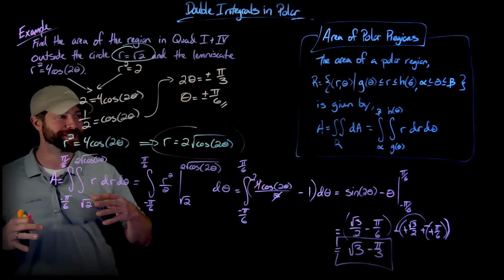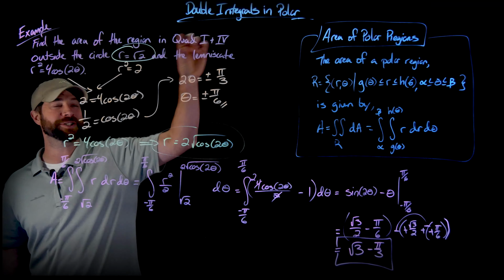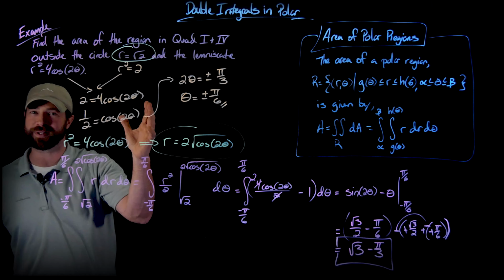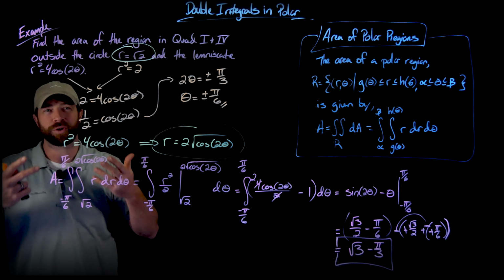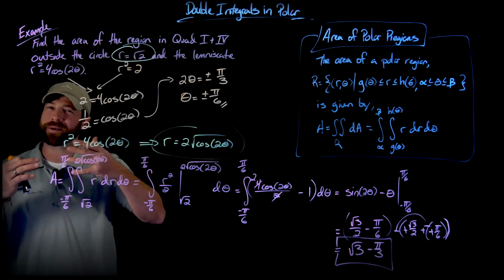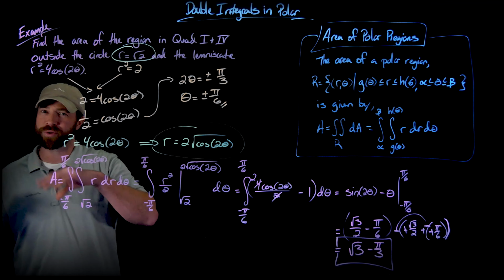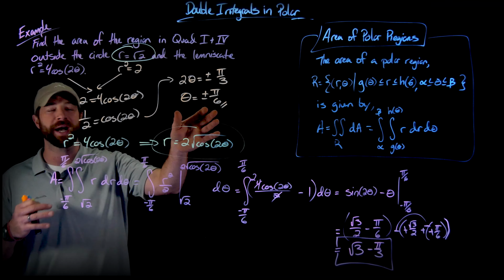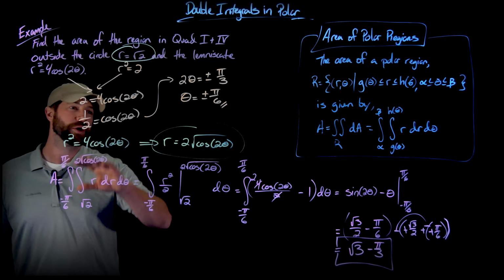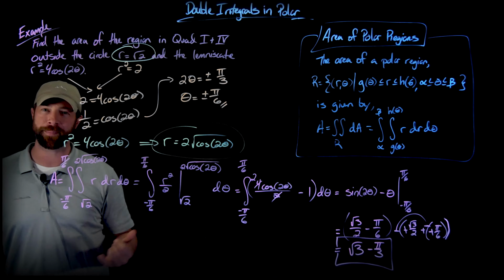But the real work here is finding your bounds for theta. Make sure you're paying attention to the description, not just solving the equation. These polar equations that include trigonometric functions can have multiple different solution sets on one trip around the unit circle, or from 0 to 2 pi. Make sure you have the ones that you're looking for. Once you have that, make sure you can identify which is the lower and upper bound.